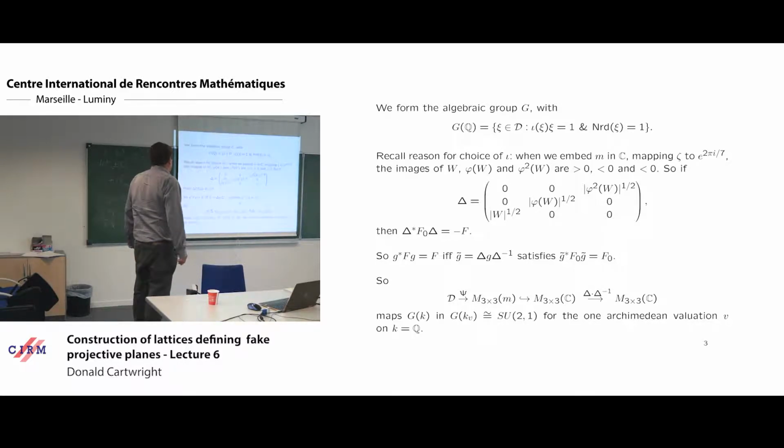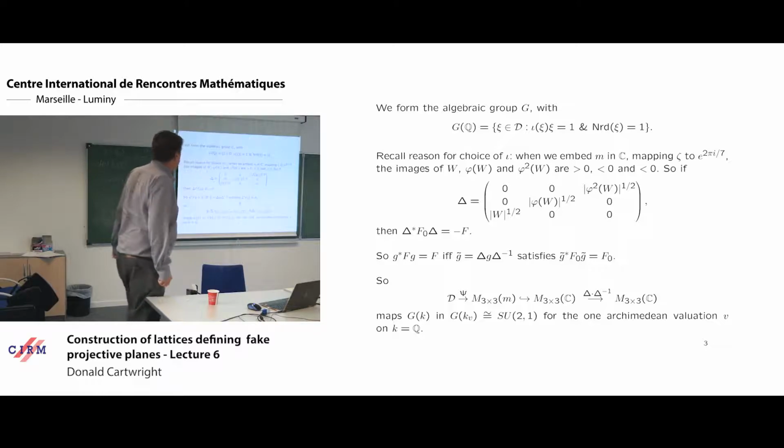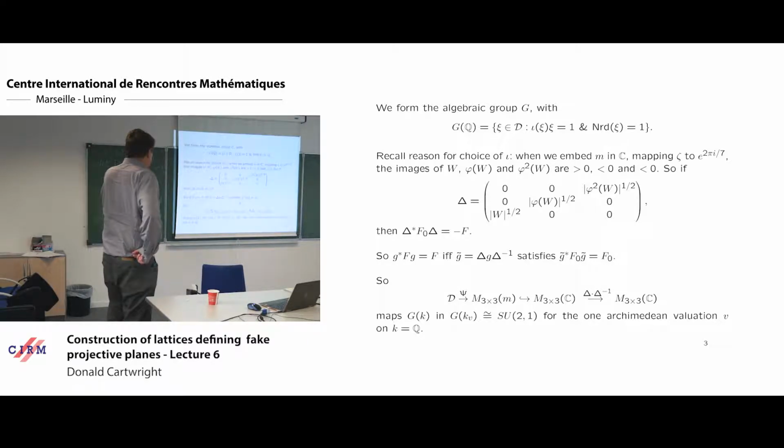And so you have this little diagram here that makes you realize that G of the completion of K, with K is Q, the completion with respect to the one Archimedean place you do have on Q, is SU(2,1). So if you unravel all the definitions, that's what this gives you.